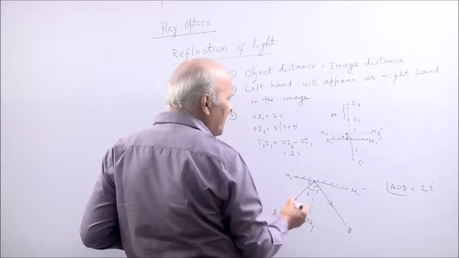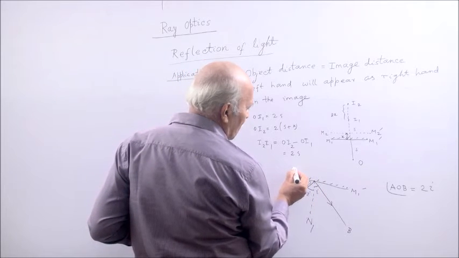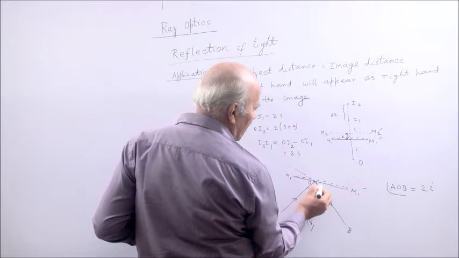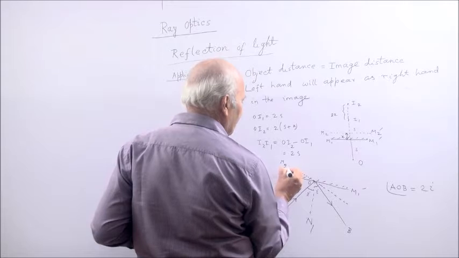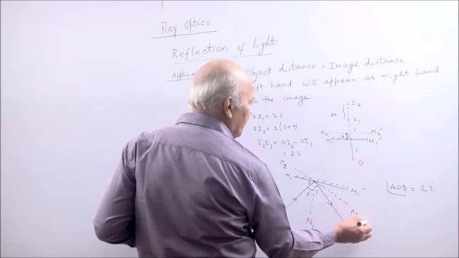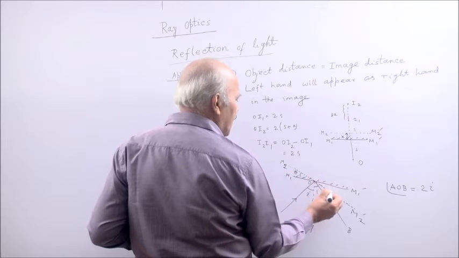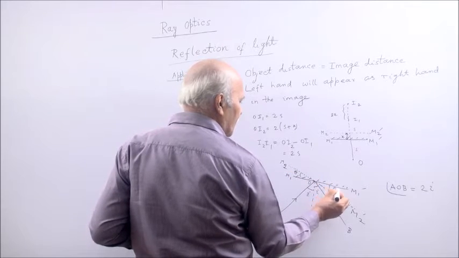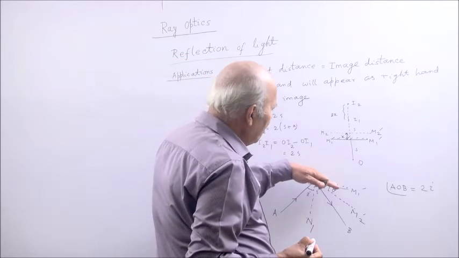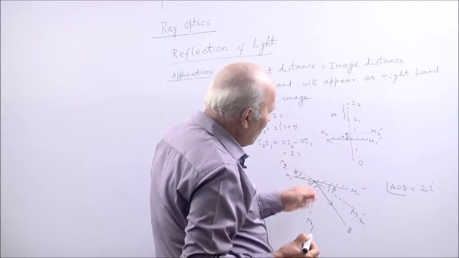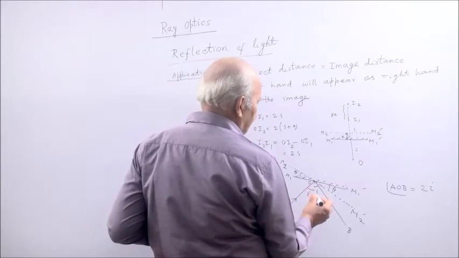So keeping the incident ray fixed, suppose you rotate the plane mirror to the position M2 dash by an angle theta. Then what will happen? If the plane mirror is rotated, then the normal attached to the plane mirror will also be rotated.